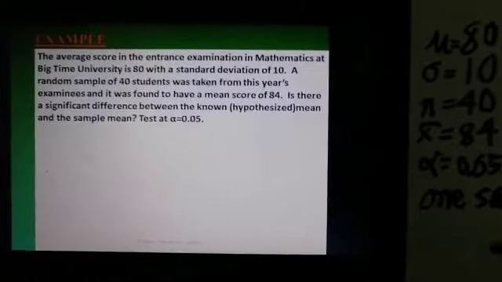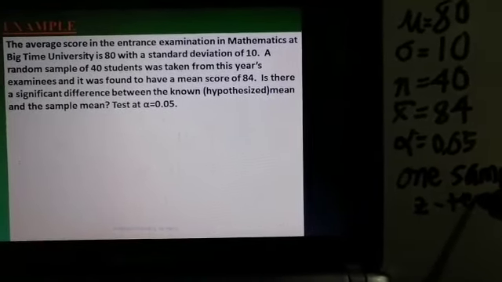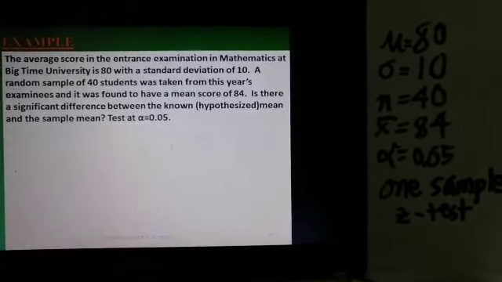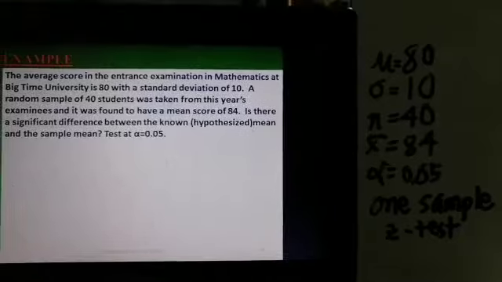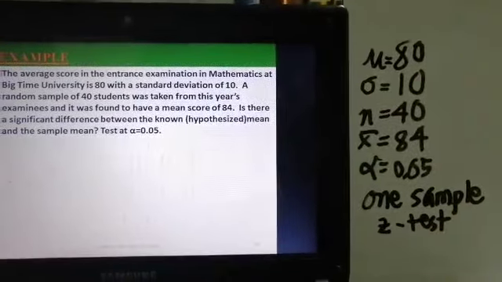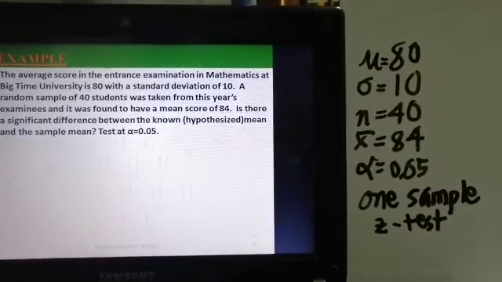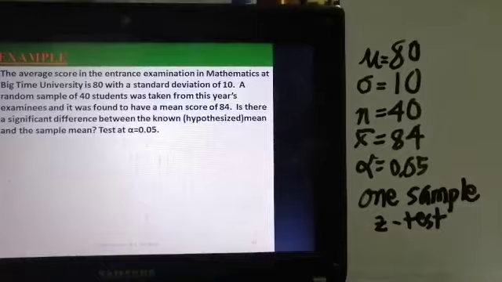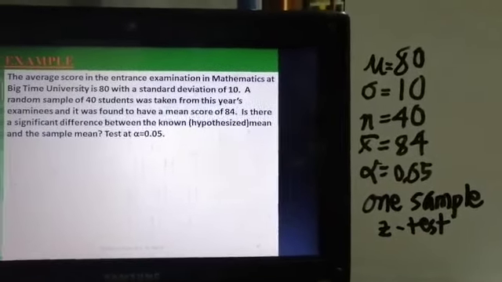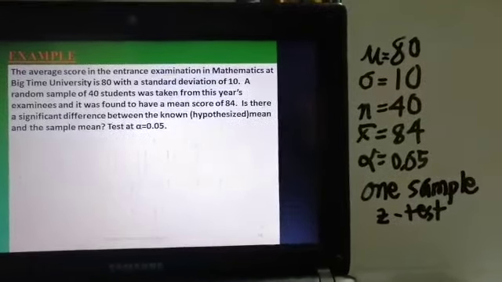Since sigma is given, then we have to use a one sample Z-test, because we just have one group. So this is what we have: mu is 80, sigma is 10, n is 40, x bar is 84, alpha is 0.05, and we have to use a one sample z-test.